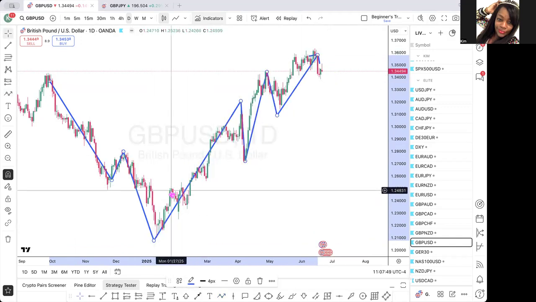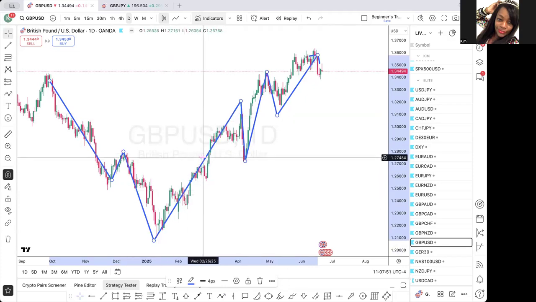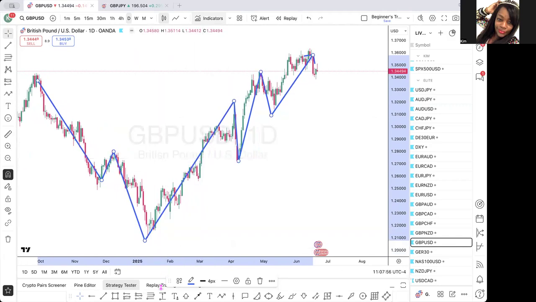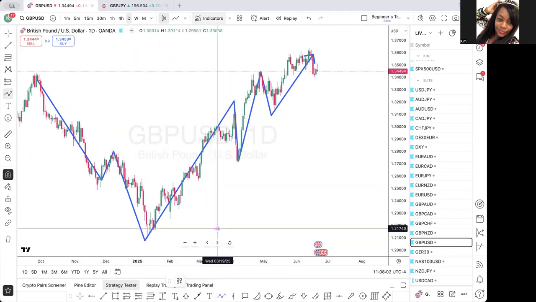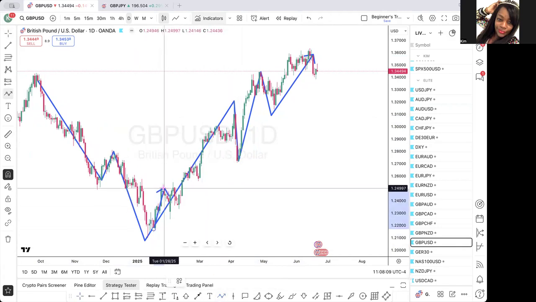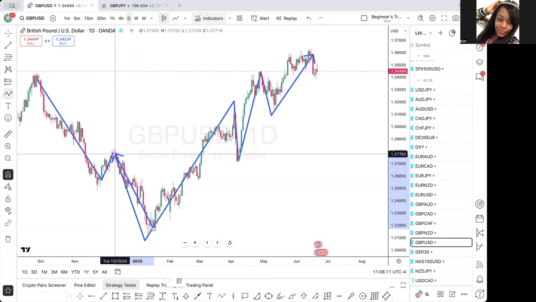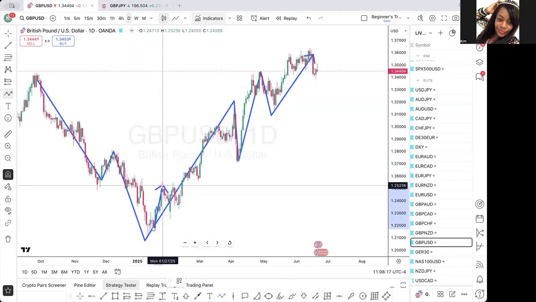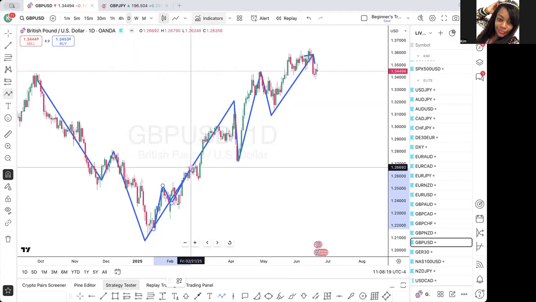The only reason I did this full move is that you do have internal moves within that move. And then you have these internal moves. But this was your swing high. So technically, until price broke that swing high, this whole move up is a move. I'm going to explain that in a second.